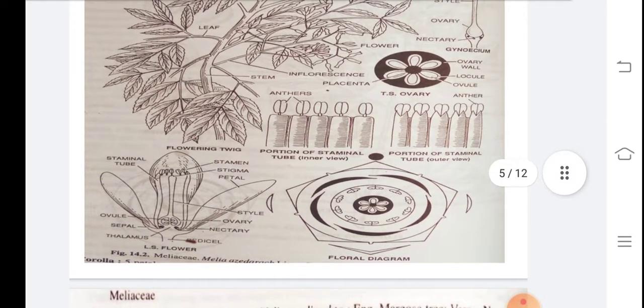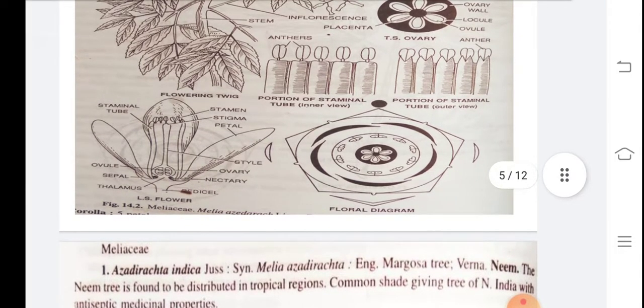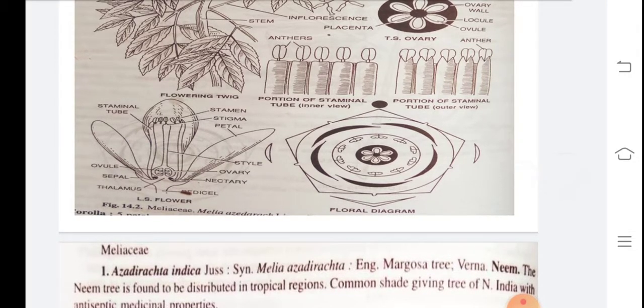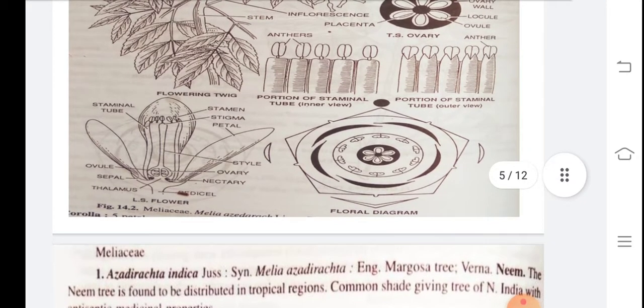About the floral diagram, you observe there is a bract, and two bracteoles on both sides, actinomorphic flower condition. By the floral diagram, we should also describe the flower.